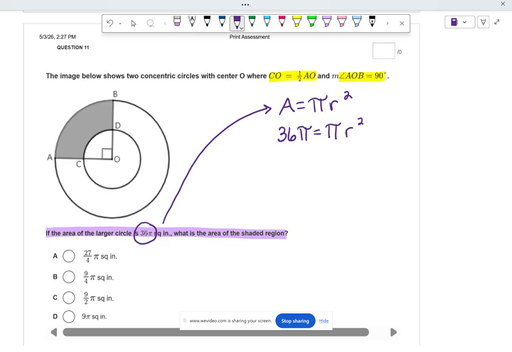You could do all of your algebra and inverse operations, or you could type this in Desmos and put pi times x squared, and you would get that x equals 6. Therefore, the radius is equal to 6. This is the radius of the larger circle. That's important. So let's come back. The larger circle, the radius is AO. That's going to be 6.